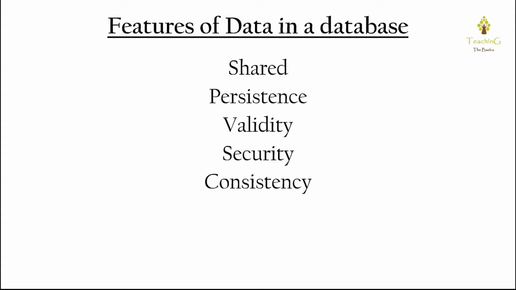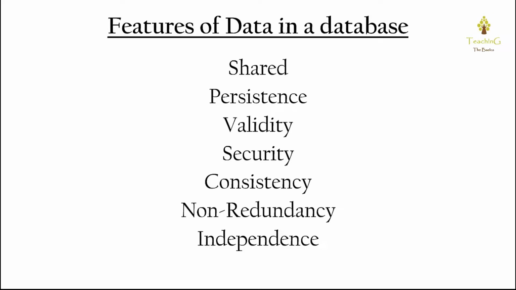So this is the feature of a database, that is consistency. And the next one is non-redundancy. That is, a database can be redundant, but the information or the records that are stored inside a database cannot be redundant. Redundant means repeated or duplicated. And the next point is independence. I will be providing a video soon about this particular topic in the future lectures. Okay, so let's move on.